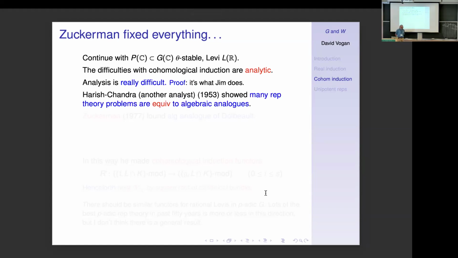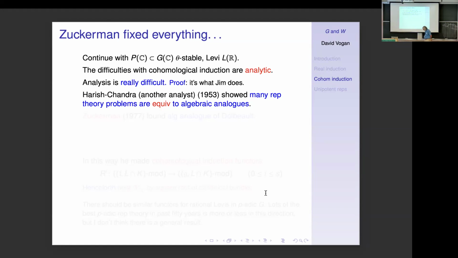So what Harish-Chandra did in 1953, I would like to take credit for this result, but unfortunately I was born in 1954. Harish-Chandra showed that many representation theory problems are equivalent to algebraic versions. Jeff alluded to this. The basic problem we're talking about here is finding a way for G to act on a Hilbert space, preserving the Hilbert space structure and having exactly two invariant subspaces.